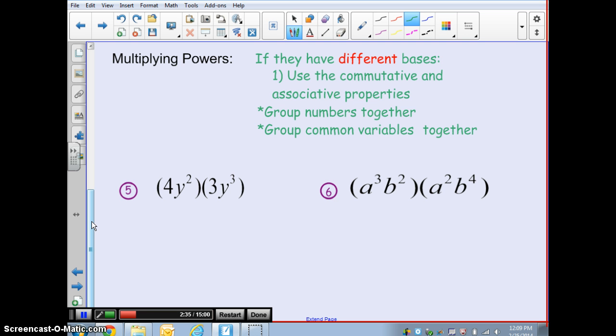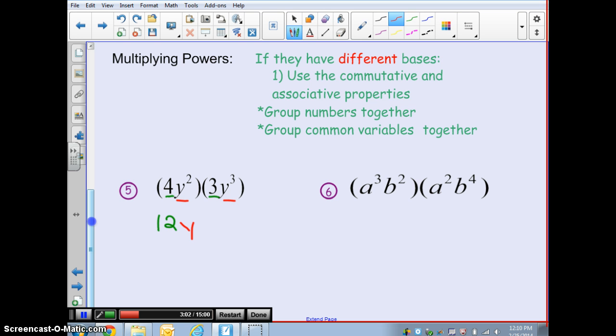So let's take a look at number 5. I have 2 coefficients out in front, 4 and 3. What we're going to do with those is just multiply them like we normally would. So 4 times 3 would give me 12. And then I want to take a look at my y's. I have a y to the 2nd power and a y to the 3rd power. Now, instead of expanding all of this out, we're going to use that law of exponents we just talked about.